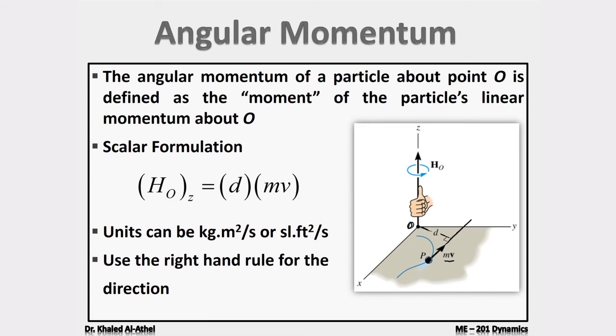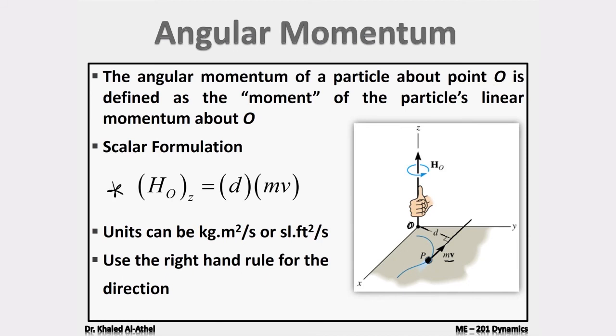It's like when you have a moment of a force. You have the force multiplied by the perpendicular distance between the force and a certain point. So capital H is the letter that we use for angular momentum. So H around point O, and I have to decide which axis. I'm doing it for the Z axis.